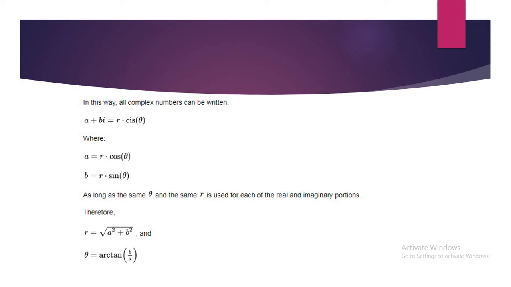We haven't reached the part where we're going to explain the square root. So, we have r squared is equal to a squared plus b squared.